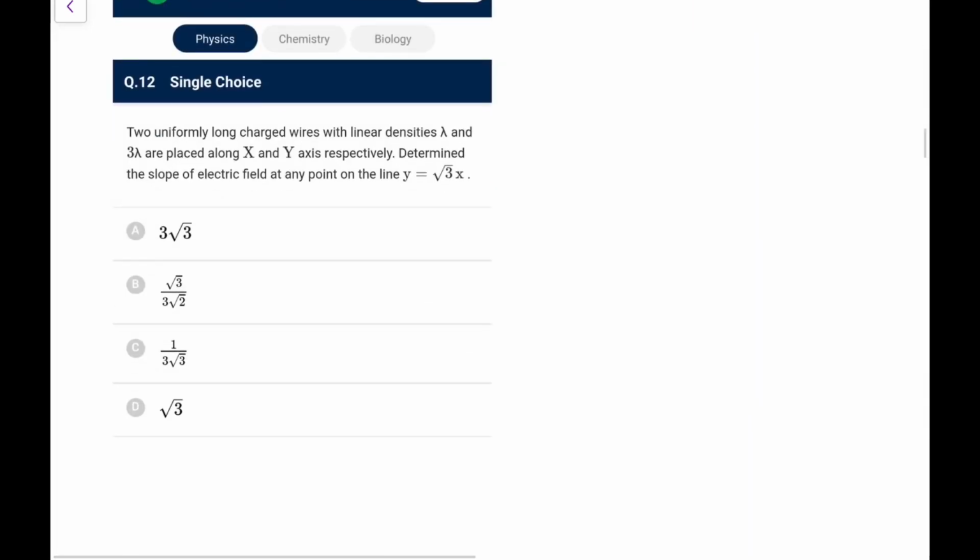Next one. We have two uniformly long charged wires with linear densities lambda and 3 lambda, placed along the x and y axis respectively. Determine the slope of the electric field at any point on the line y equals root 3x. So along x is lambda, along y is 3 lambda. Take any point y equal to root 3x, so the coordinates would be h comma root 3h.